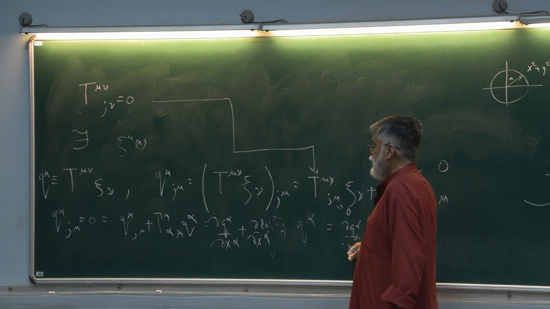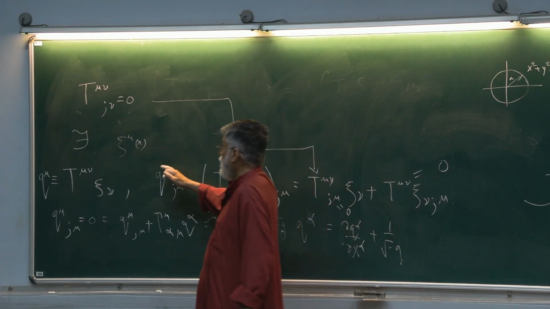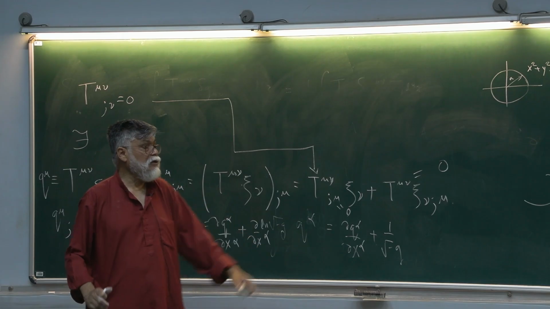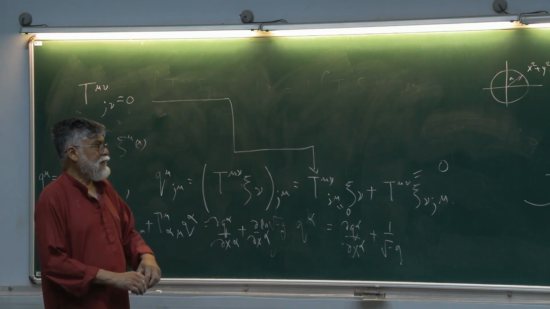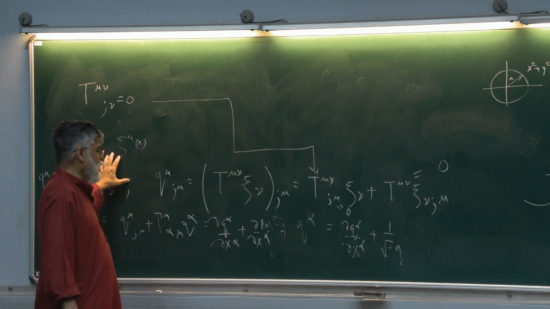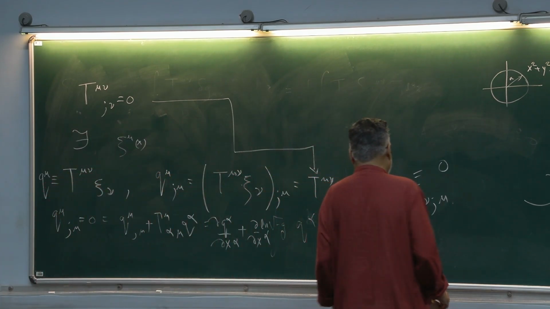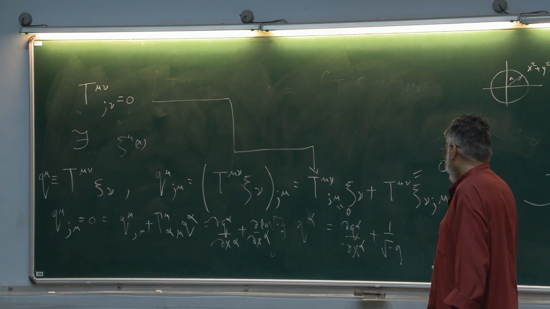The reason I decided to do this: normally in textbooks, you are not shown this. That part is shown, that p_μ ξ^μ is a constant of motion. But for the energy momentum tensor, what I am doing is normally not given in textbooks. So that's why I decided that I must do it in the class.